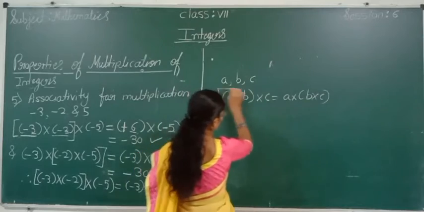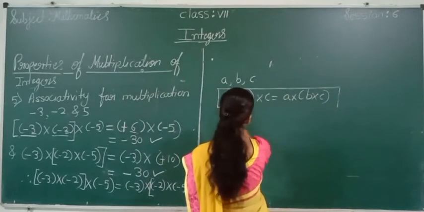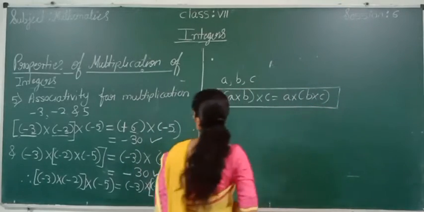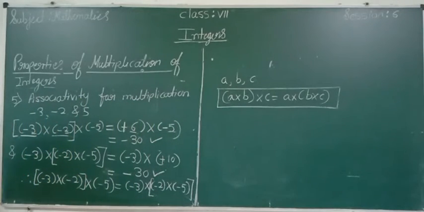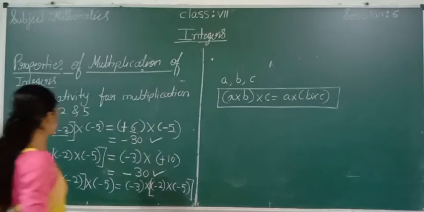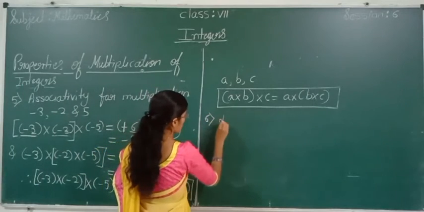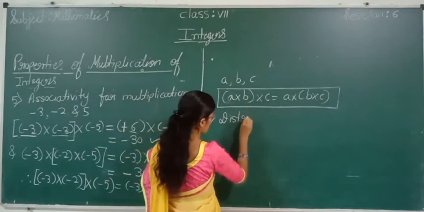This is nothing but associativity for multiplication. So next we will see the next property, that is the distributive property.